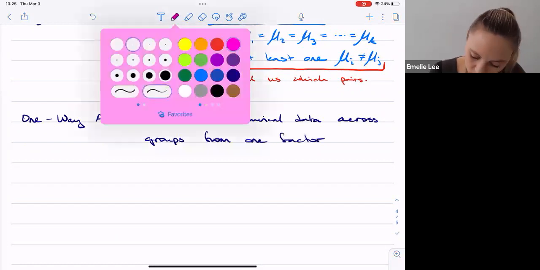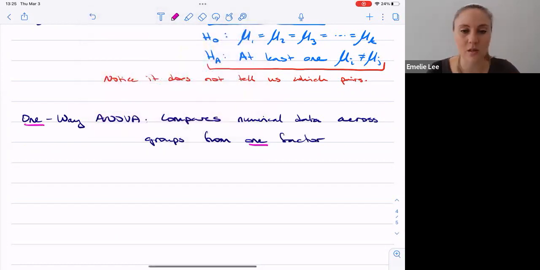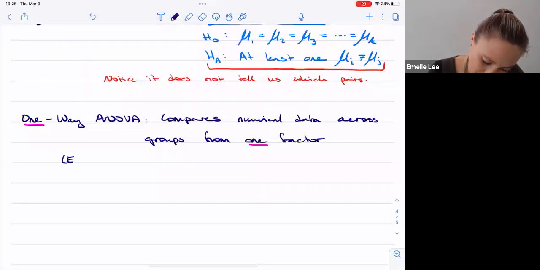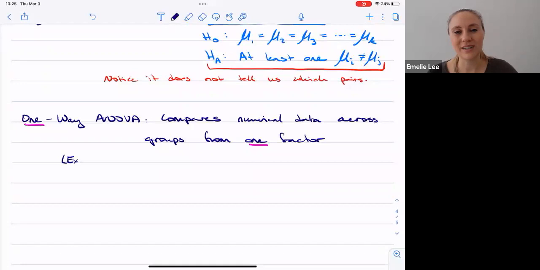And it's just that one factor that makes it one-way. So for example, average commute times over the days of the week.